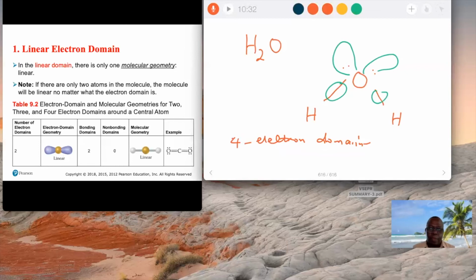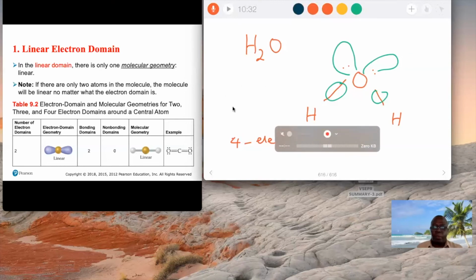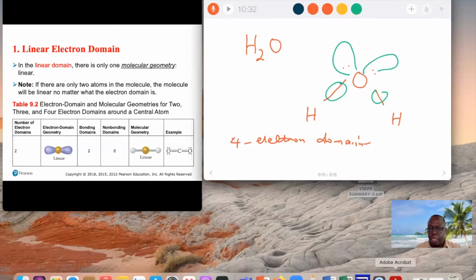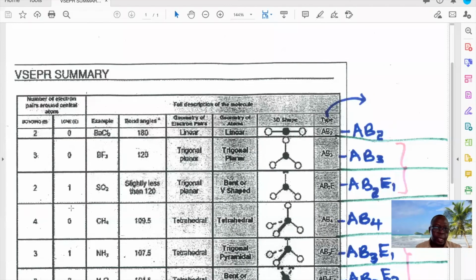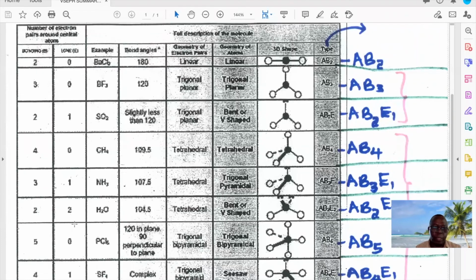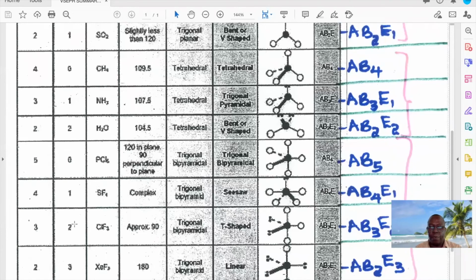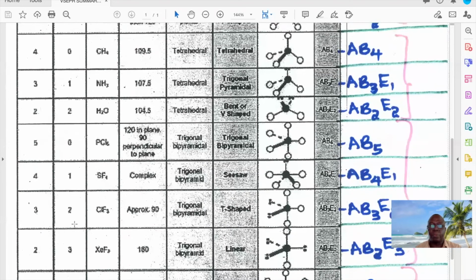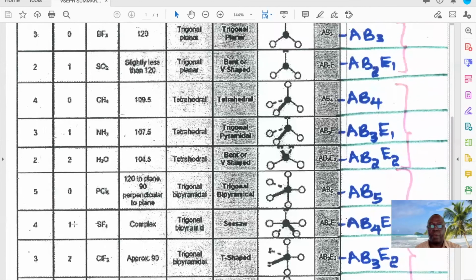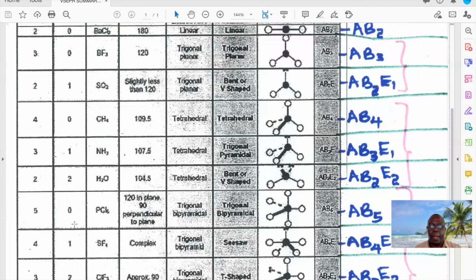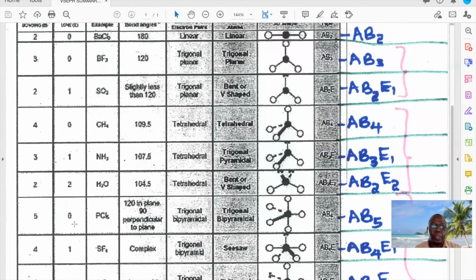So when we describe this for the water molecule, if you have four electron domains, you see this? For example, H2O, we have 2 unpaired electrons on the central atom.